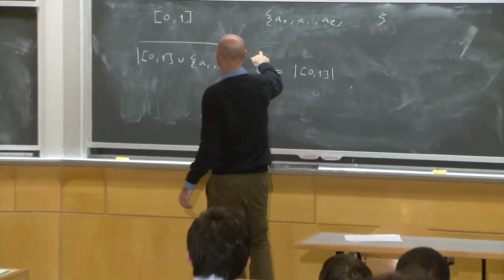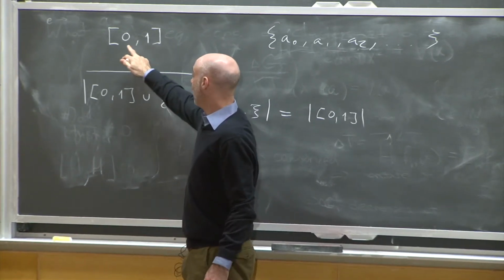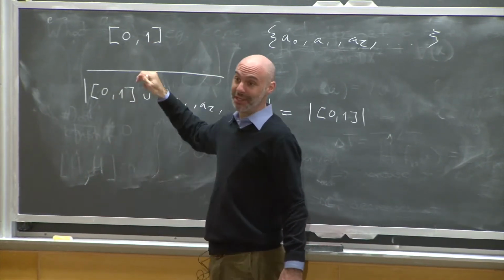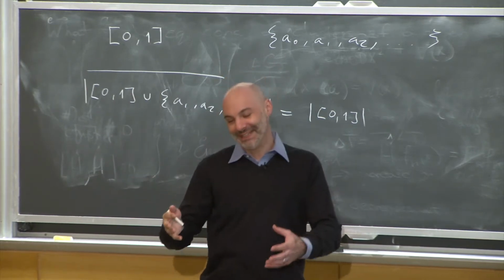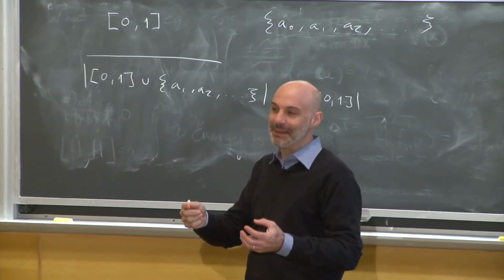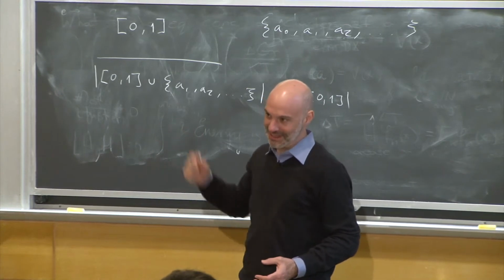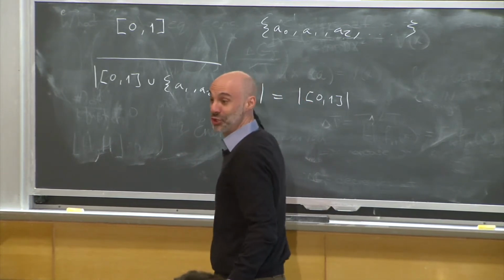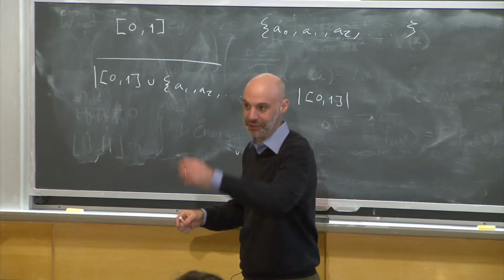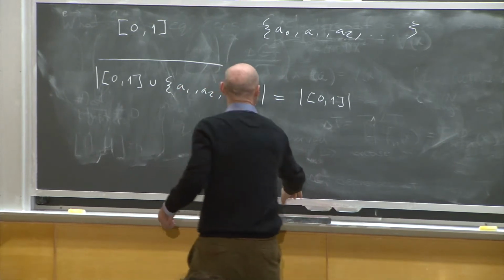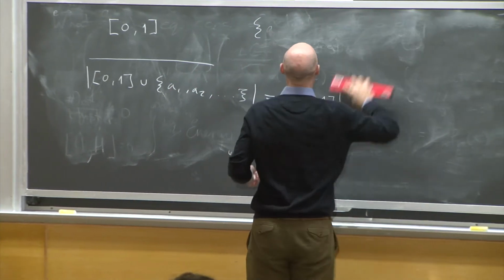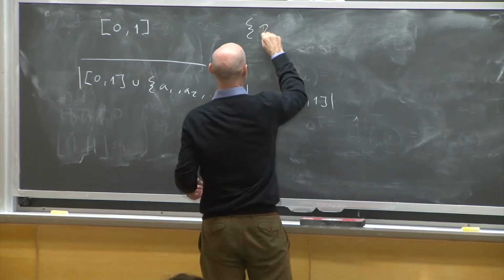Because I want them to not be in here, and because this contains 0 and 1, it can't really be exactly the natural numbers, but maybe some copy of the natural numbers that isn't in there. Or maybe we can just start with 2. Why don't we start with 2? So let's say that this is this set.